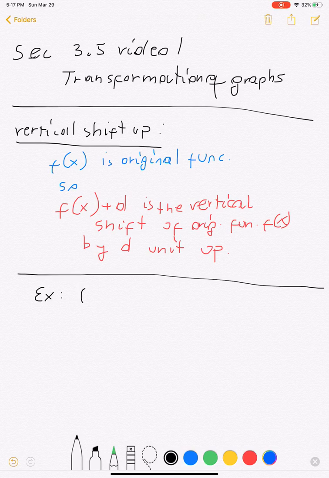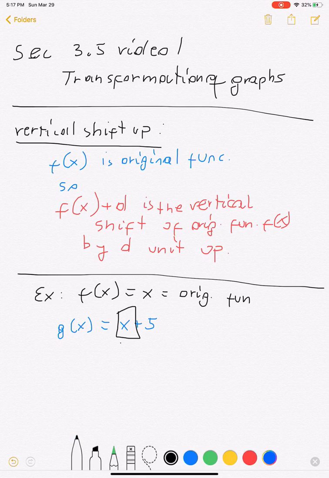You have f of x, the original function, which is equal to x. And then you're going to see the function g of x, which is equal to x plus 5. So like you see, the g of x technically looks like f of x. We're just adding 5 as an extra coefficient.